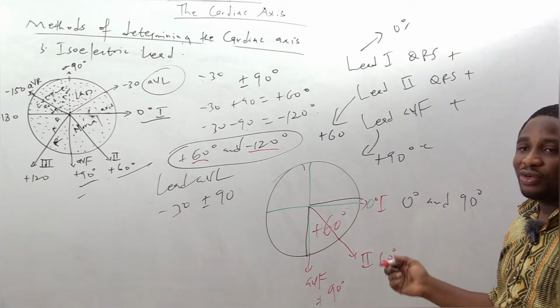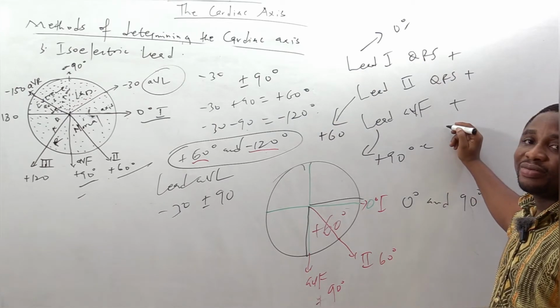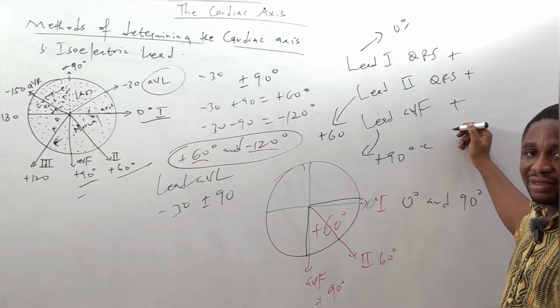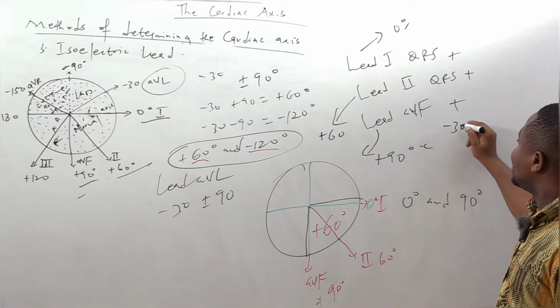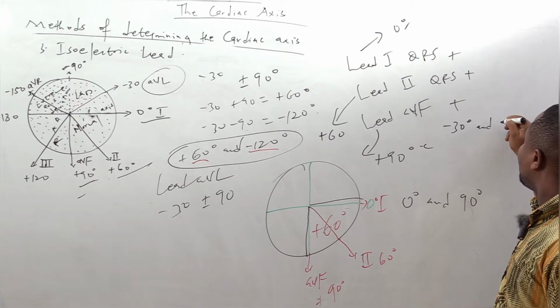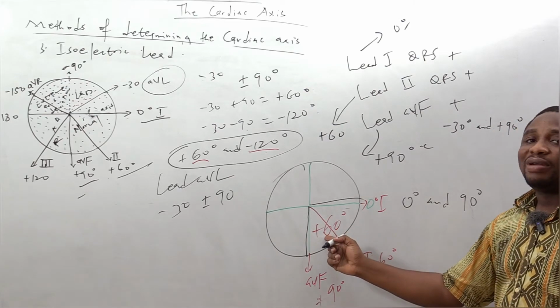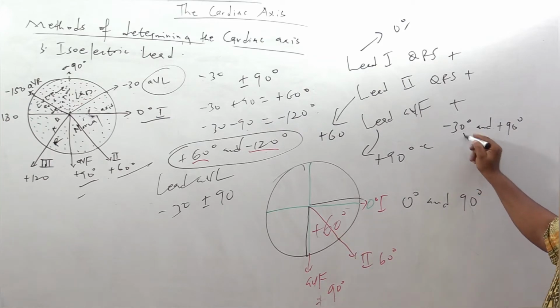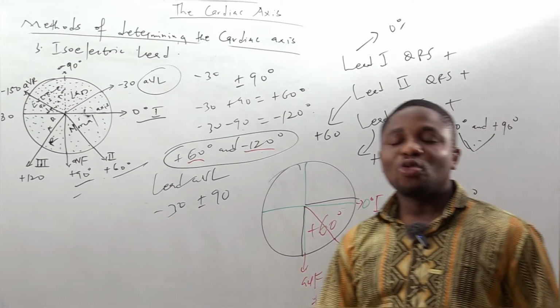And if you look carefully, the normal cardiac axis falls between minus 30 degrees and plus 90 degrees. Plus 60 degrees falls within this range, and that tells you that the cardiac axis is a normal one.